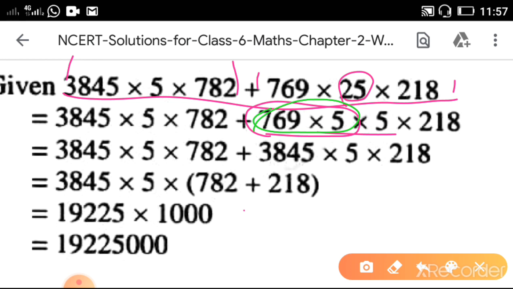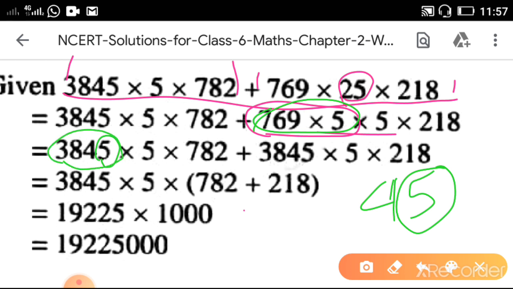You will multiply, because 9 5s are 45. Take the unit place. It will be 45. So what is the unit place? 5. Here also unit place is 5. So here you have to arrange the numbers and try to get the same number as given here in the first bracket. So here after multiplication you will get 3845.